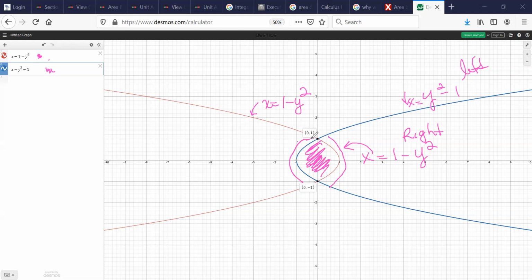This is the left, this is the right. So according to the formula, it's the integral of the one that's on the right minus the one that's on the left.